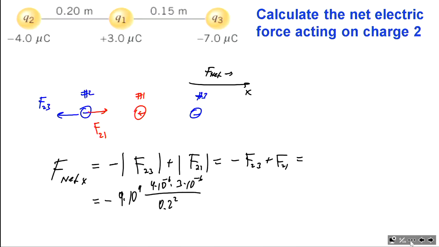And I did it again. No? What did I do? Force from 1 on 2 now is positive because it points to the right.